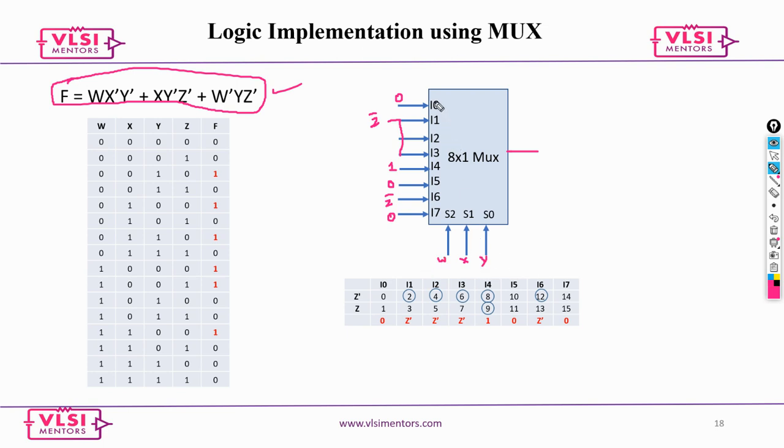Then all the inputs you need to connect in the form of 0 and 1, Z or Z bar. So that is exactly how you get that using this particular method. Any question here?